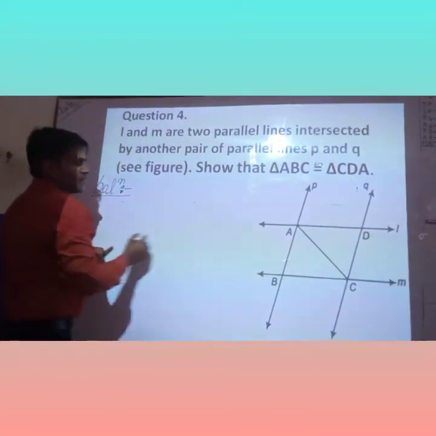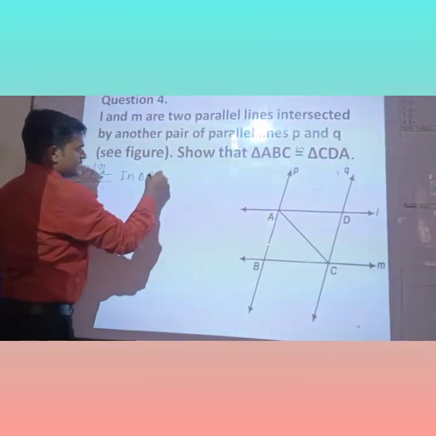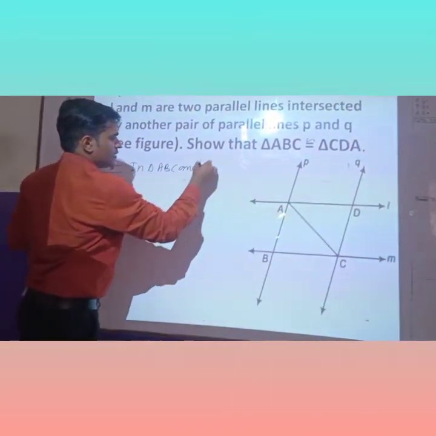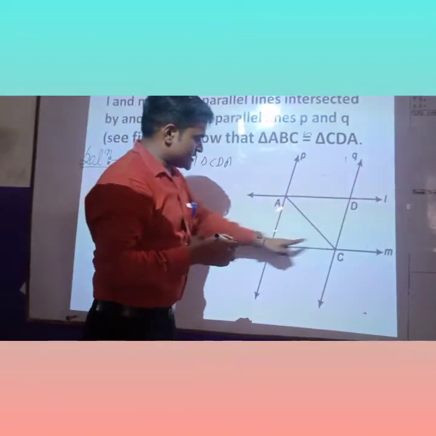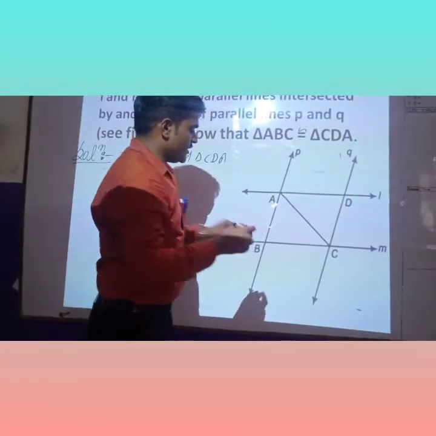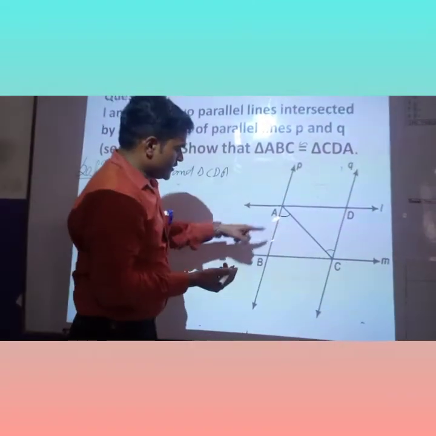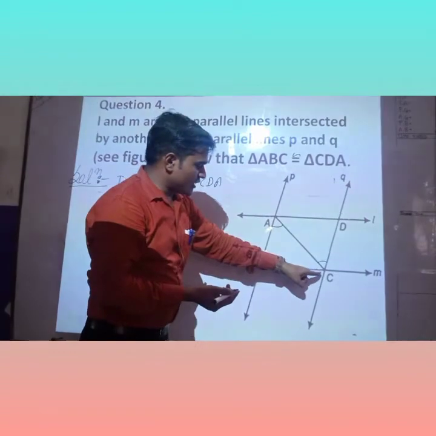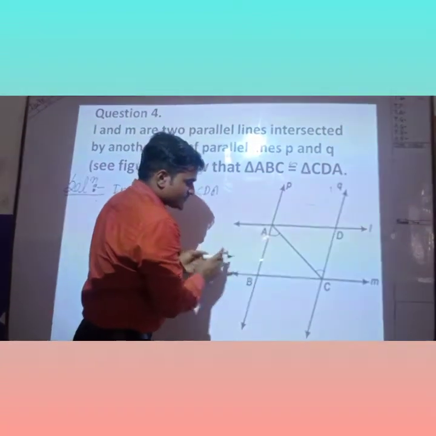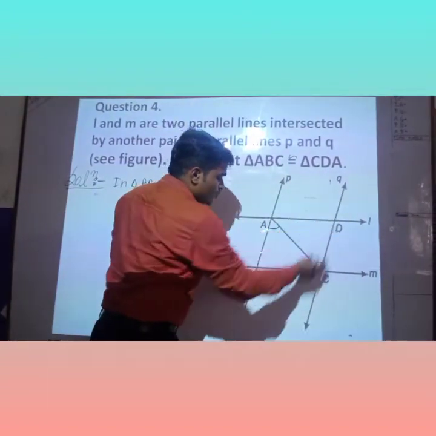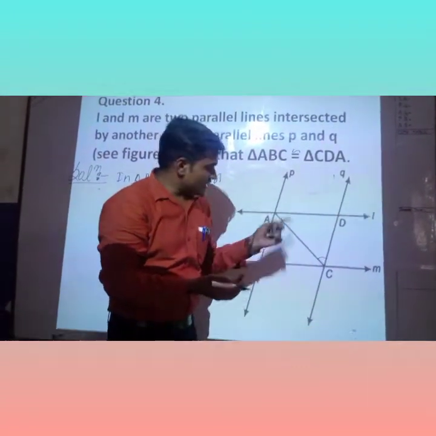So children, in triangle ABC and triangle CDA, this angle is equal to this angle. Yes, angle BAC is equal to angle DCA. How? Since P and Q are parallel, AC is transversal.